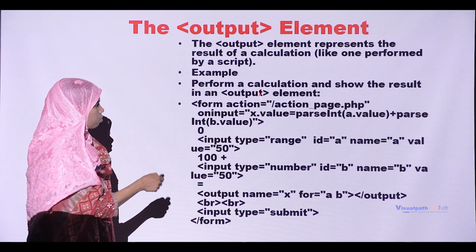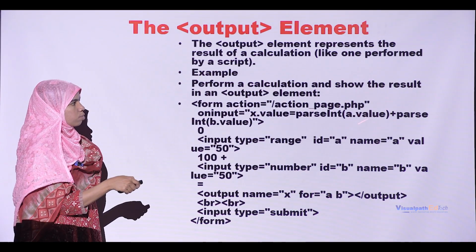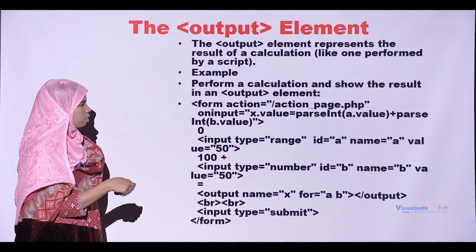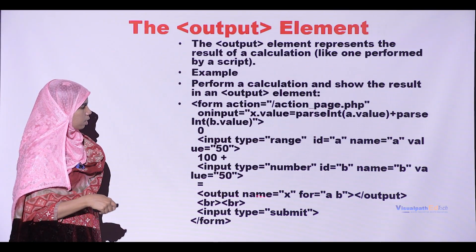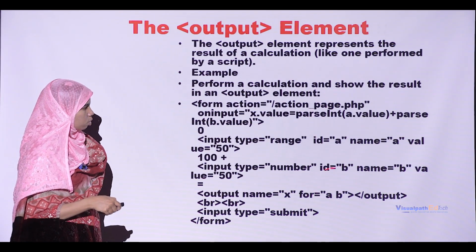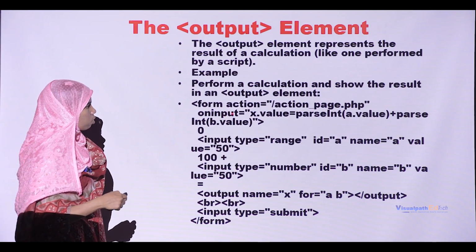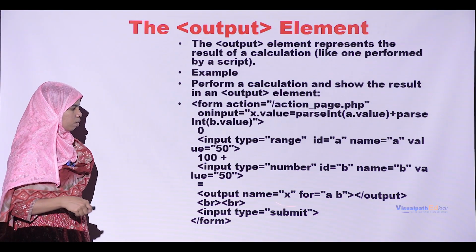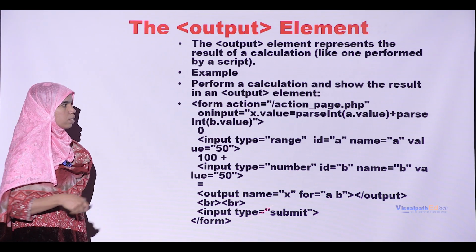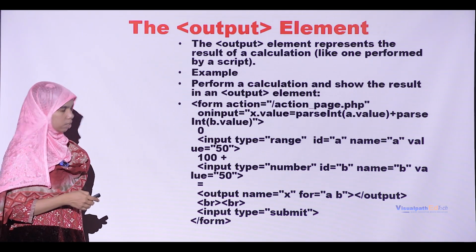We are actually performing the sum of the two integers here. You can see parseInt of a.value, the value of a we are passing here, plus parseInt of b.value we are passing over here. So after performing both of them, we are getting the output into this output element, right? So this is as an explanation part. While executing, you will understand the details.